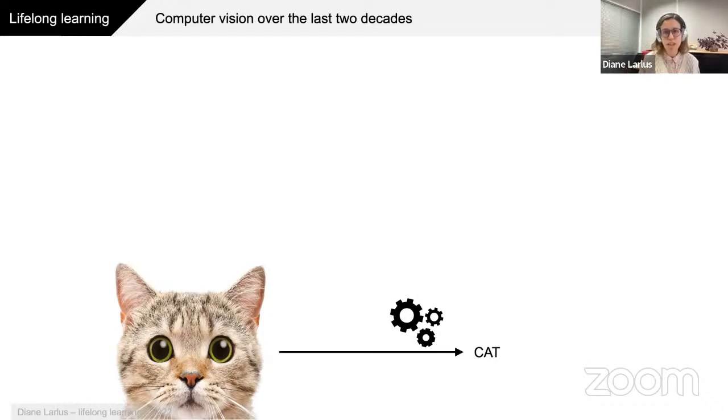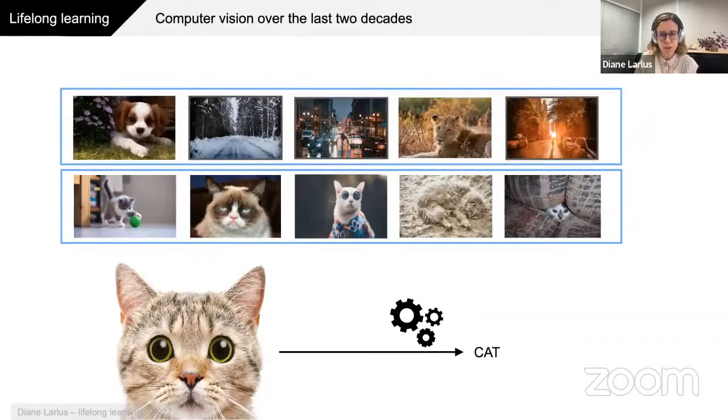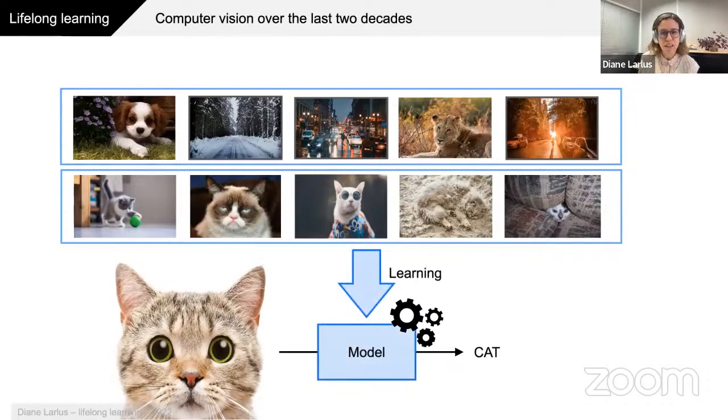So to build such an algorithm, first you need images of what cats can look like, which is surprisingly diverse. Optionally, you can use images of what a cat shouldn't look like. And once you're equipped with this, you can train your favorite model, for example, a deep neural network, in order to be able to predict when a new image comes along that, of course, you've never seen during training. Then your model can predict if the image contains a cat or not.